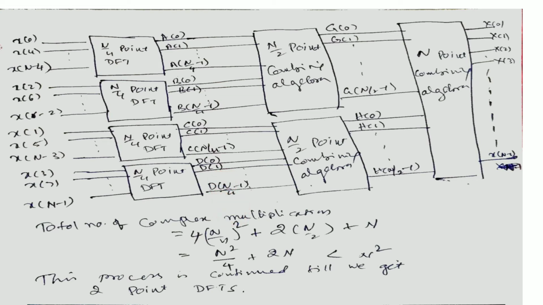Now, after this, a of k and b of k are combined together in a particular way in order to get the output, namely g of k. So g of k is obtained by combining a of k and b of k. So we have n by 2 point combining algebra in order to get the values of g of k.